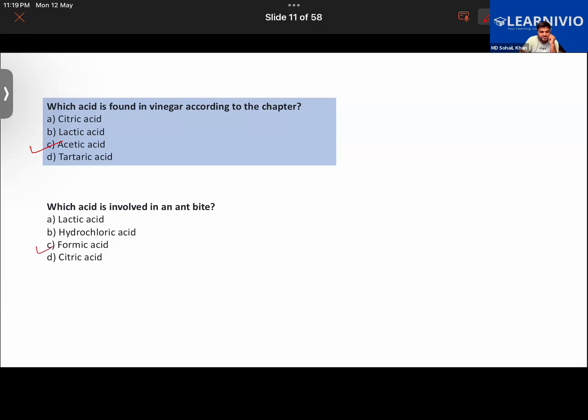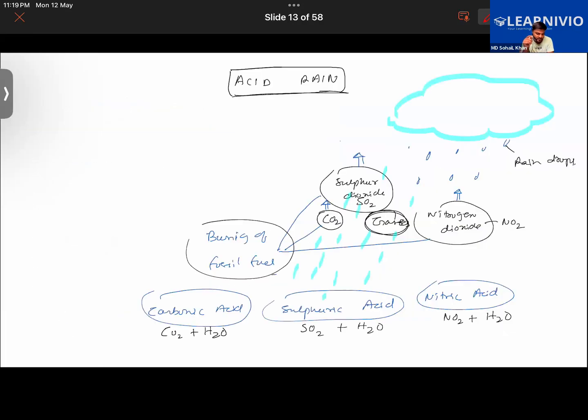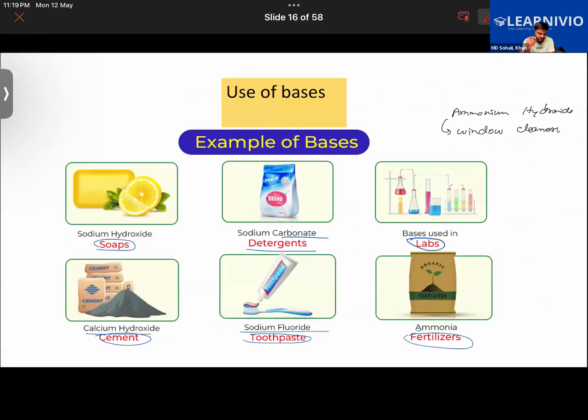Very good. Also, you know what is the cure when we get bitten by an ant? So what can be done to get relief from the pain? We can take some baking powder and rub it over the area where we have been bitten. Okay, Salman? Because the baking soda contains a base, and we know base is a substance that neutralizes the effect of acid. So we will no longer feel the pain when we rub baking soda over it.